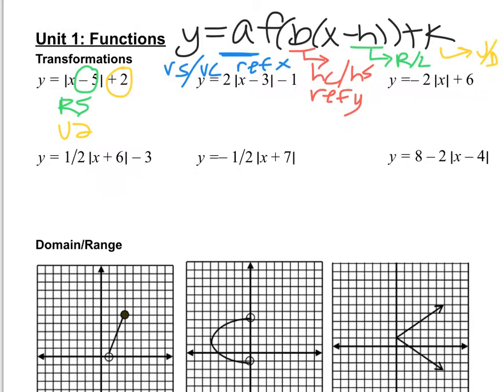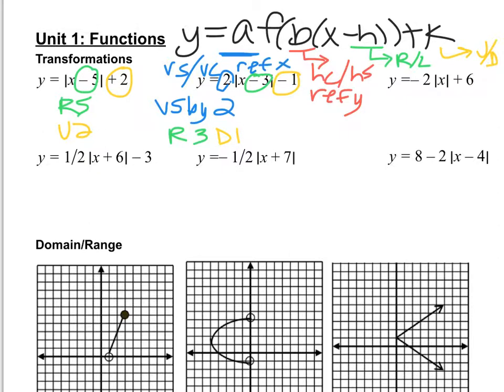Going to the right, I have a 2 outside. Since that's bigger than 1, that means it's vertically stretched by 2. Then we go inside and we have a minus 3, so right 3, and a minus 1, so down 1.